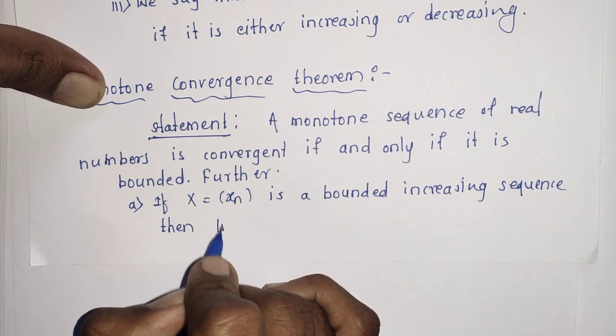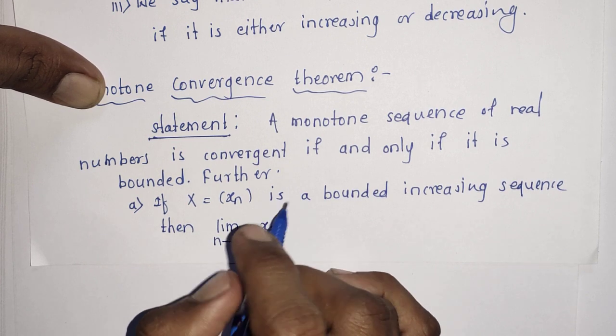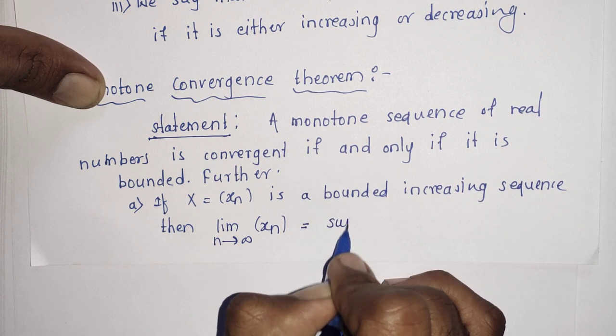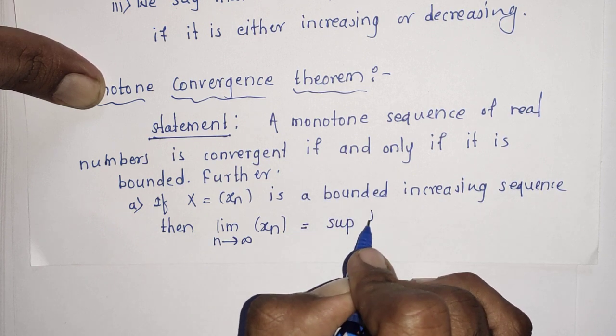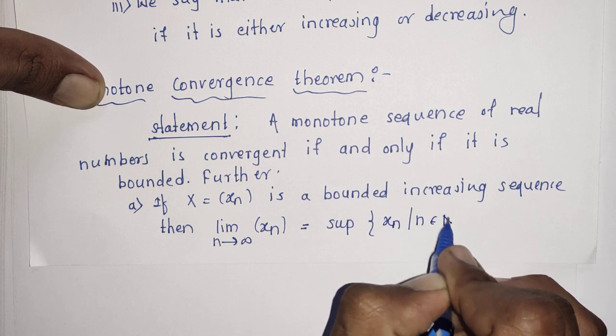Then the limit as n tends to infinity of xn is equal to the supremum of xn, such that n belongs to the set of natural numbers.